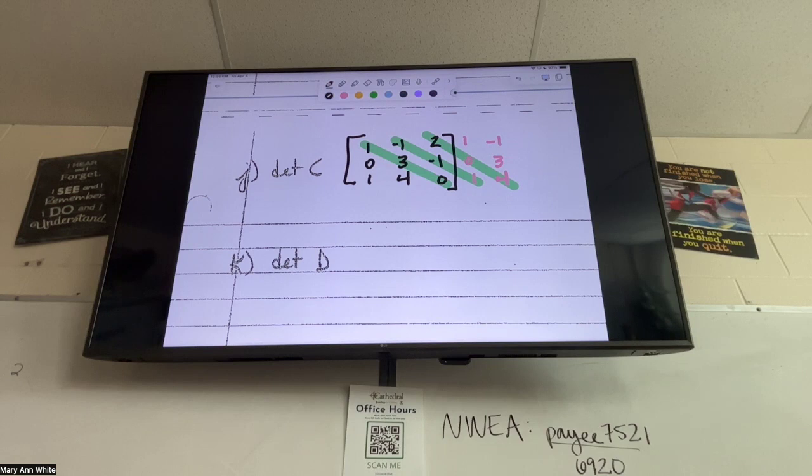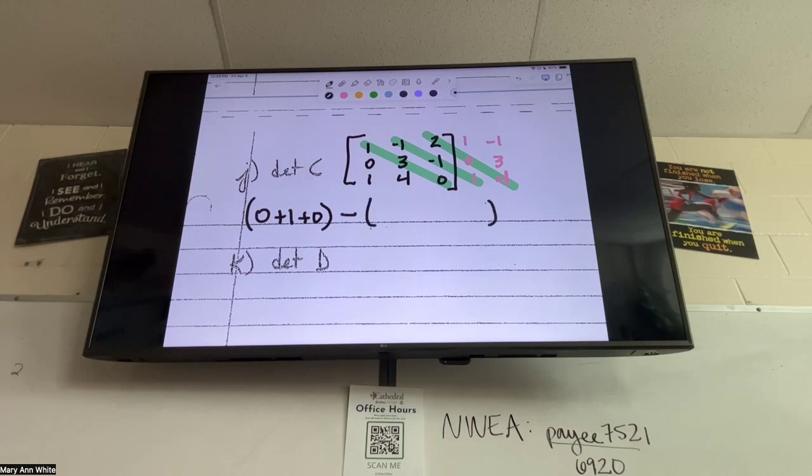So 1 times 3 times 0 is just 0. -1 times -1 times 1 is +1. And then 2 times 0 times 4 is just 0. So that's all together right there. Then just like the determinant of a 2 by 2, we're going to minus, and then we're gonna do the sum of the other direction.